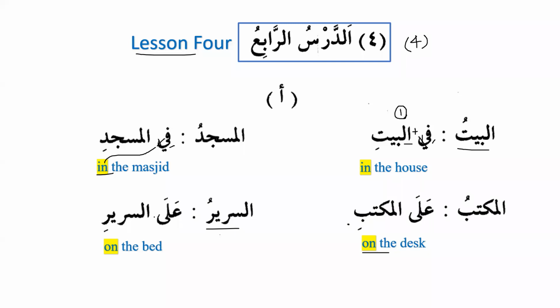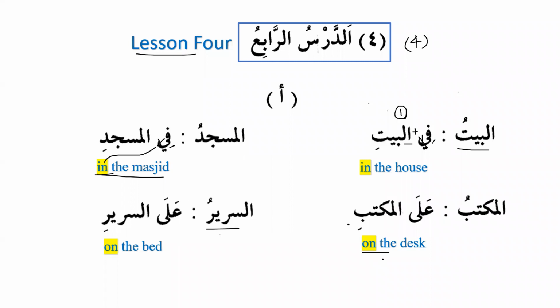Okay, now please tell me in English, don't tell me even about the Arabic construction. Does any of these constructions make any sense? In the masjid, in the house, on the bed, on the desk. Does it make sense to you? No, of course not. That's why we call it a phrase and an incomplete sentence.